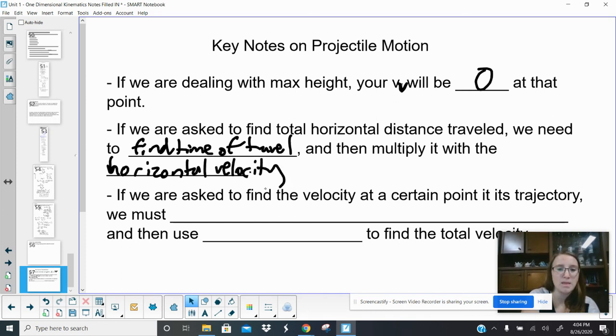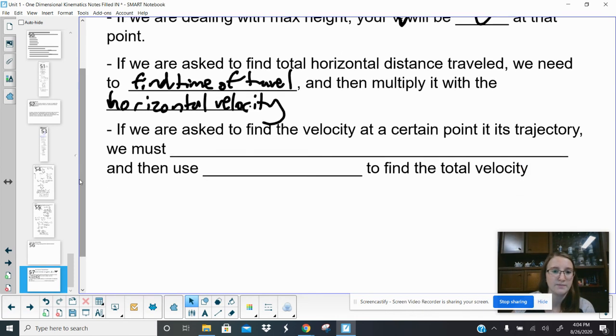Because again, your horizontal velocity doesn't change. So if we know how long it takes to go up and come back down, that's going to give us our distance after we multiply it with our horizontal velocity.